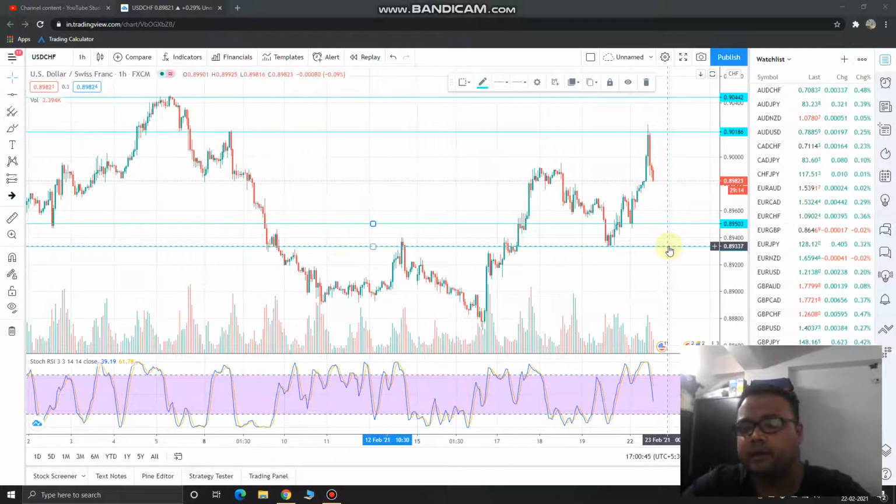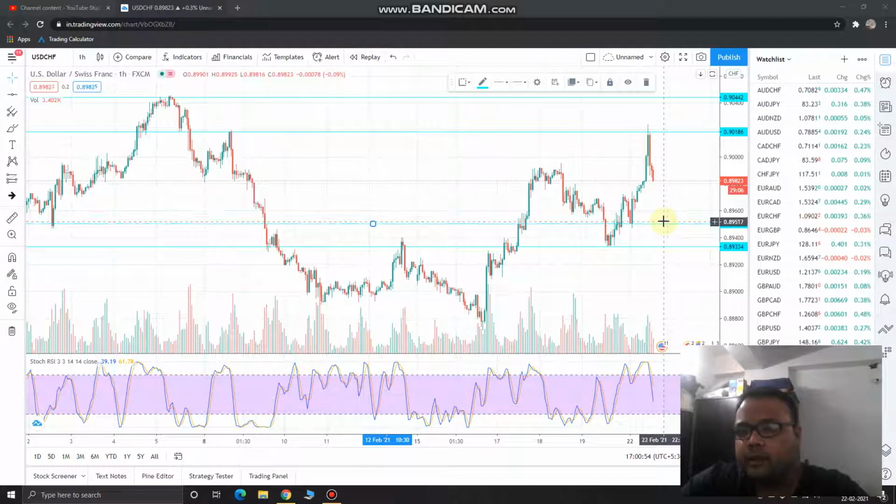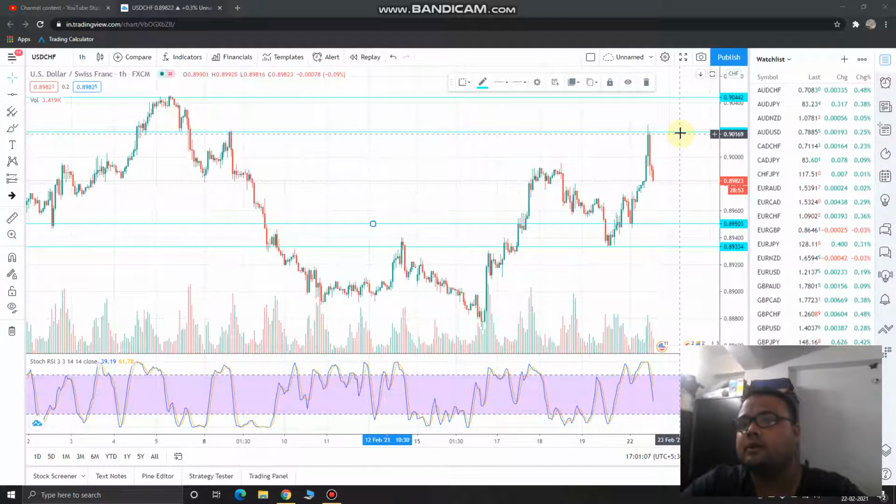Am I clear? Market is coming down after failing to cross the level. Okay, if the market reverses from here, if you get reversal signs at this particular level, then you can go long or you can buy. Your first target will be 0.9019. If you see that the market is again struggling at this level, then you can exit from the market.